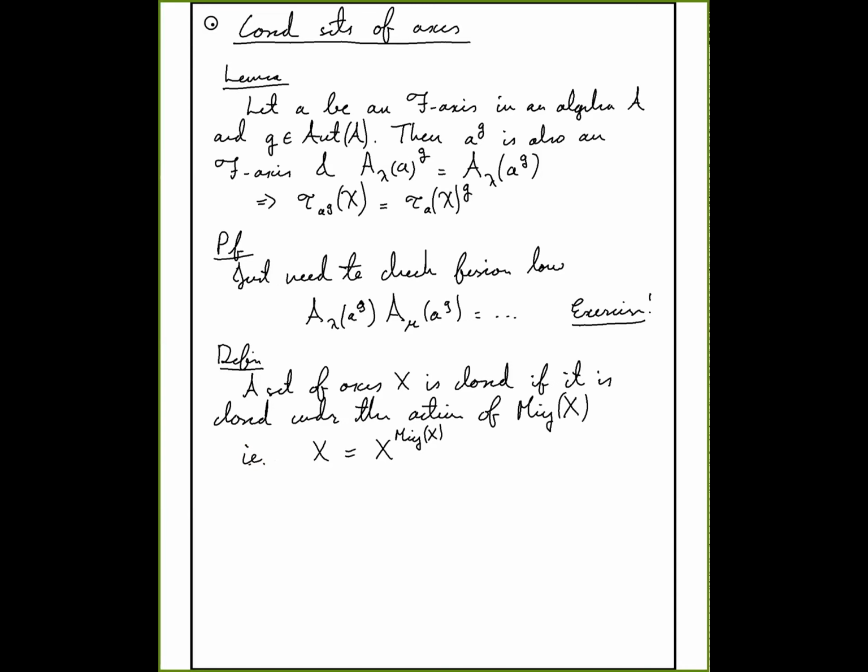It's clear that if we take the intersection of two closed sets of axes, then the intersection must also be closed because it's contained fully in one and fully in the other. So that implies that every set X is contained in a unique smallest closed set of axes.